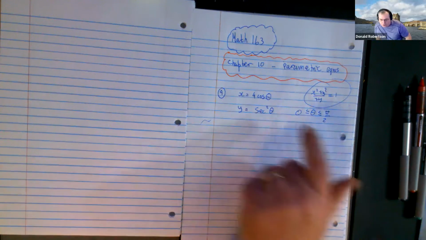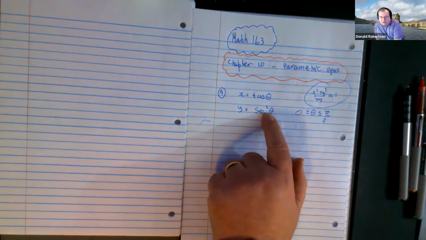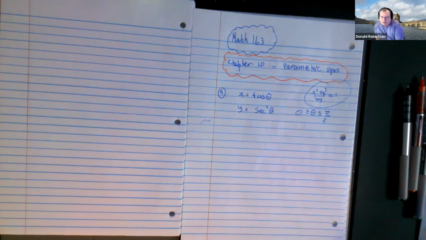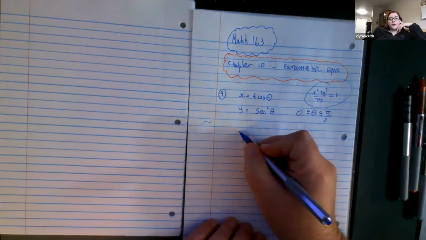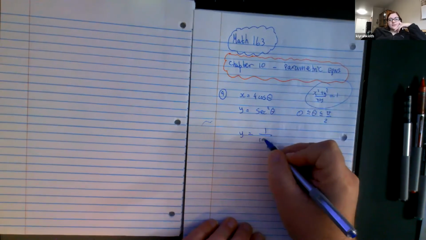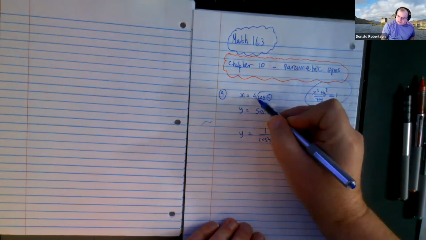So X is 4 cos theta, and Y is secant squared theta. Is there anything you can do here that might work? Would you switch it to Y equals 1 over cosine squared? Because it's easier to solve for cosine on the top one. Right, and if you do this one, won't cosine theta be X over 4?